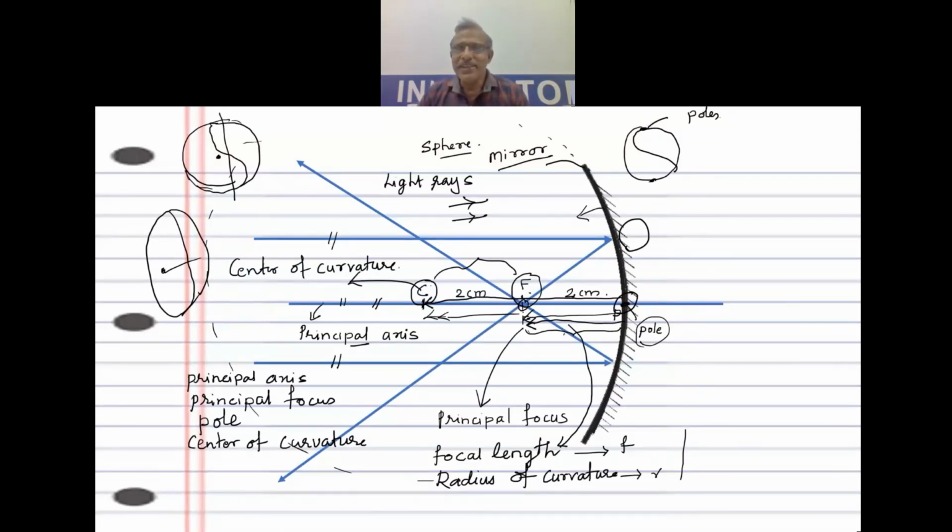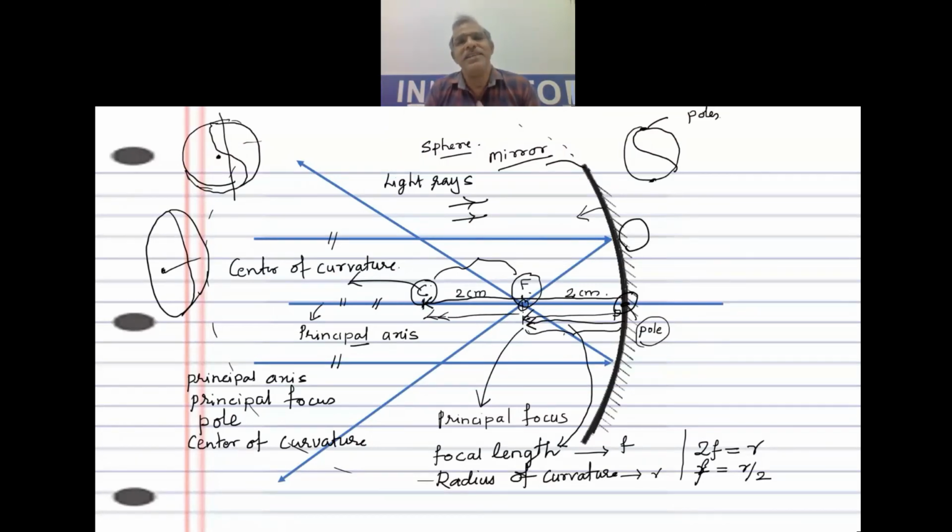And that means 2f is equal to r. Correct now? Or r is equal to 2f, or f is equal to r by 2. Simple one. This is the relationship between principal focus and radius of curvature.